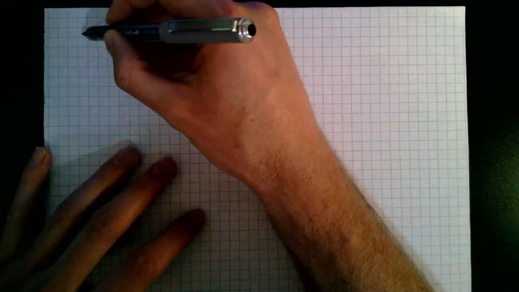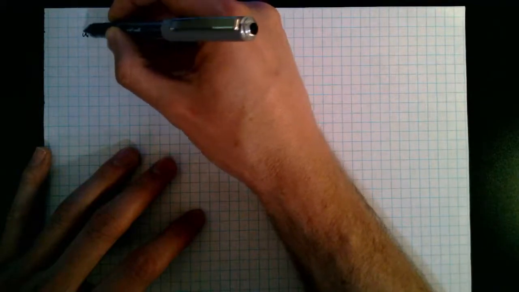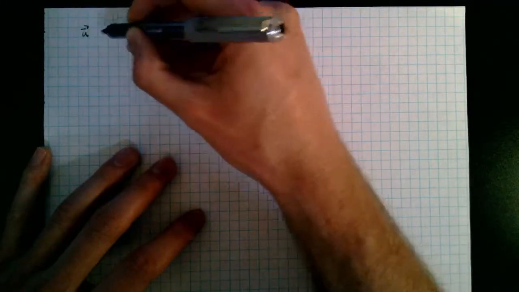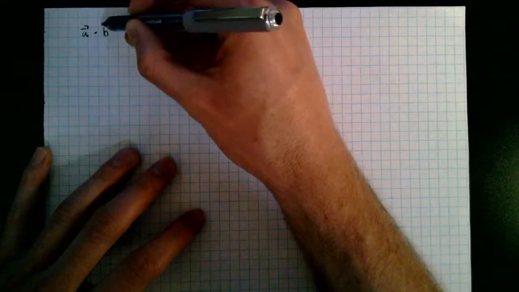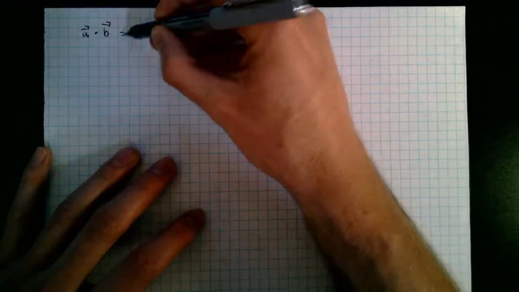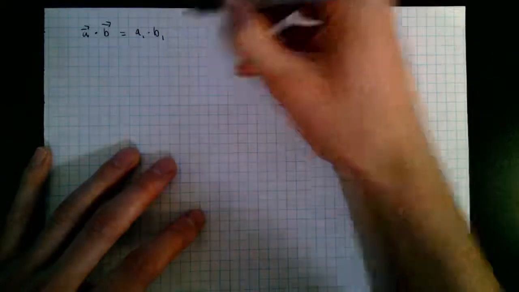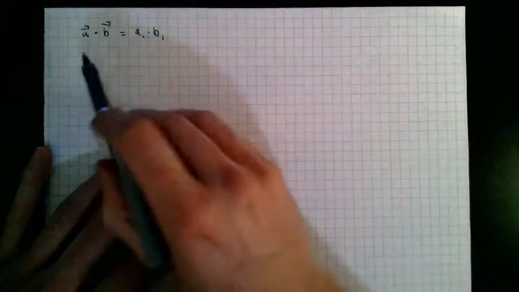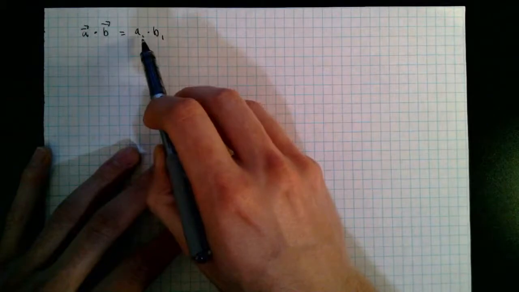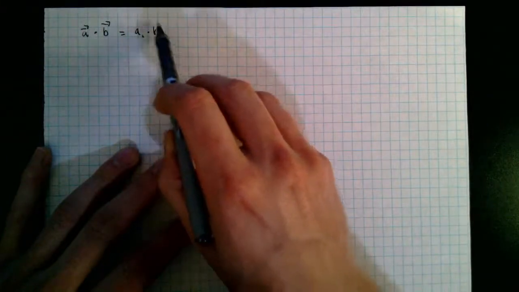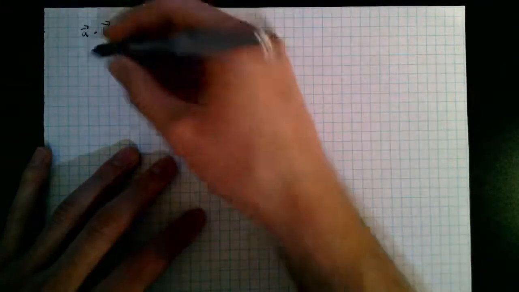So if you have just A dot B, that's the same as just A1 times B1. I know this is really simple, but it's an important place to start. So let's just do an example.